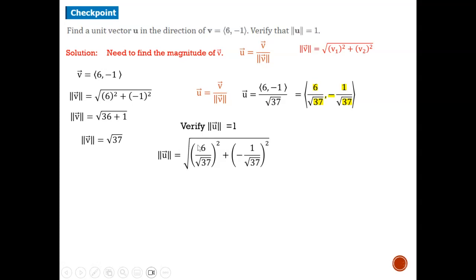So it will give us the square root of 6 over the square root of 37 squared plus negative 1 over the square root of 37 squared, which will give us 36 over 37 plus 1 over 37, which results in the square root of 37 over 37, which is equal to 1. That's how you verify it.